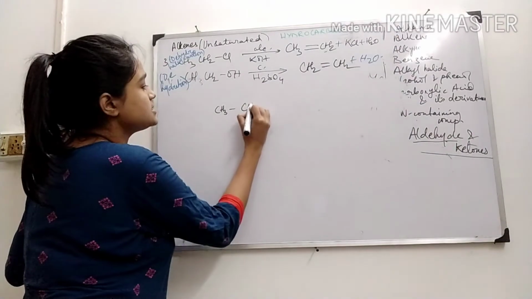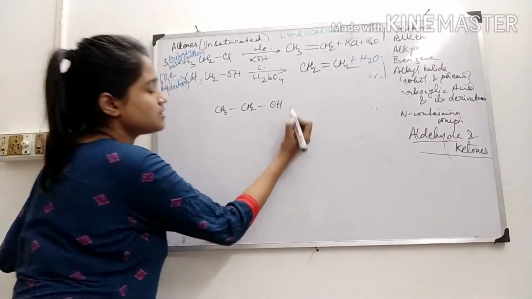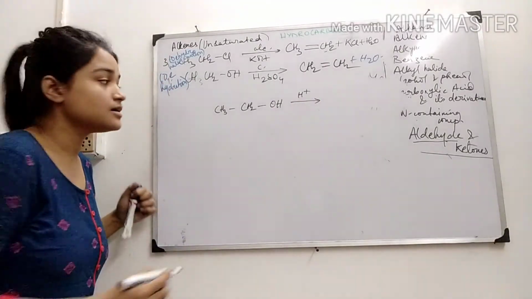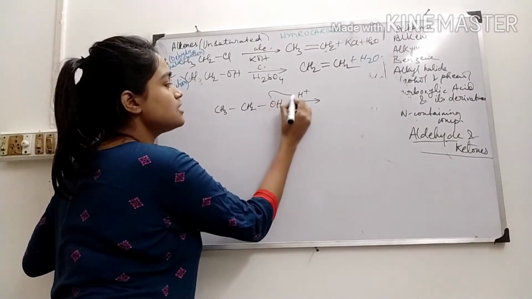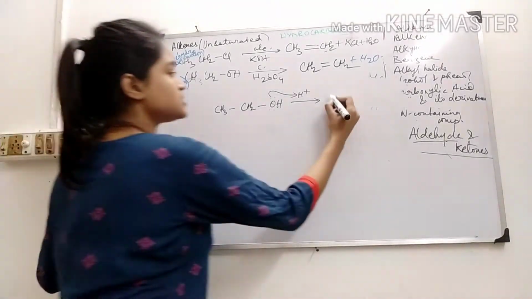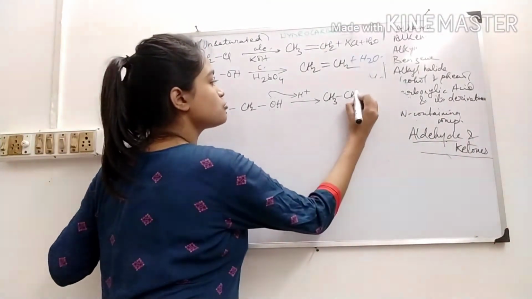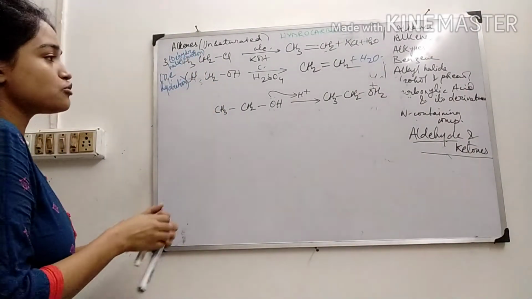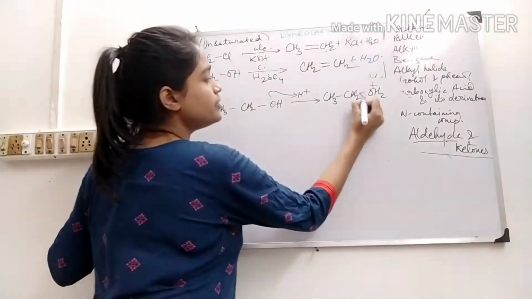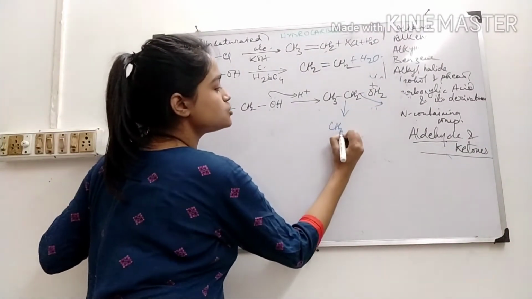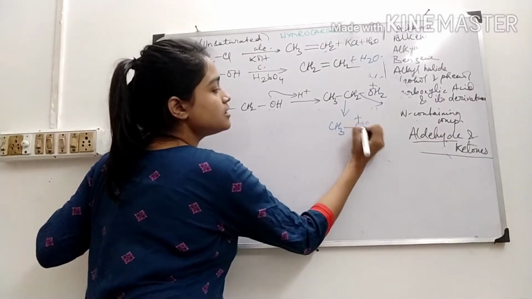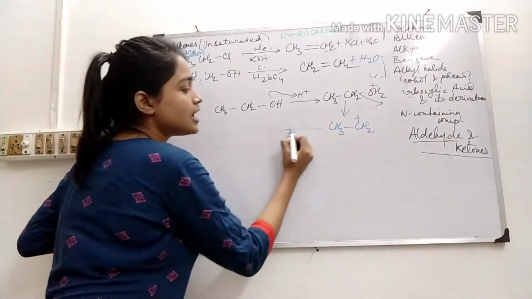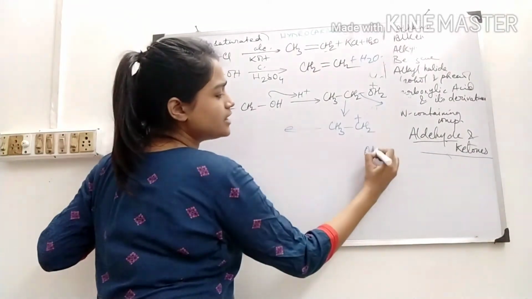Now in case of alcohols, what is happening is that when acid is provided, H plus is released, and this oxygen is getting protonated, forming a protonated molecule. Now this protonated part will leave and give rise to an intermediate which is a carbocation.